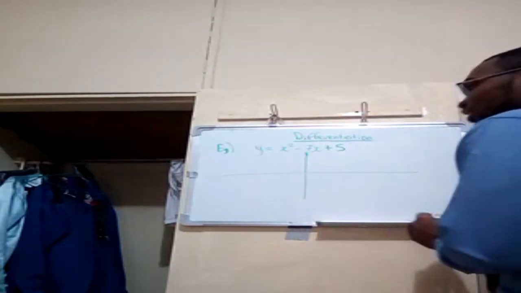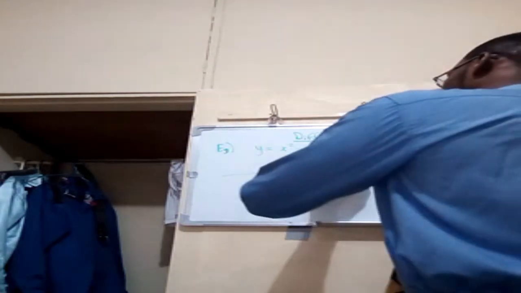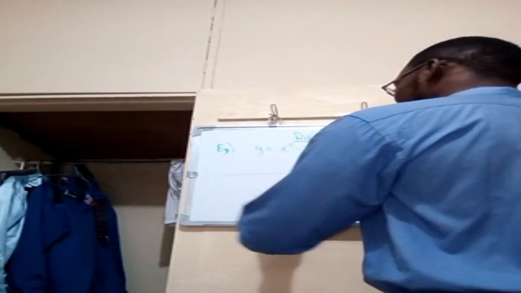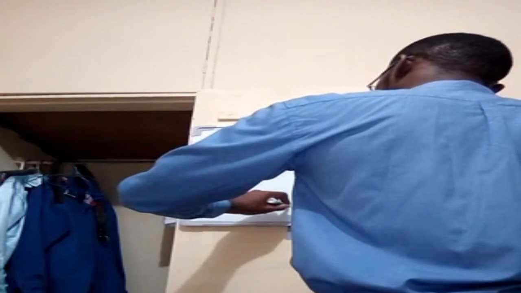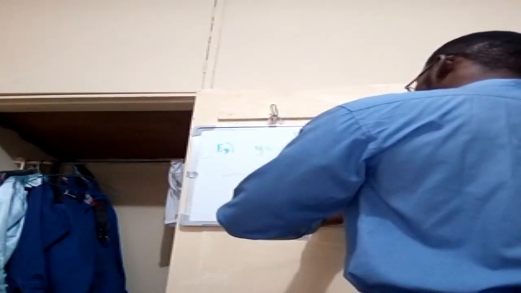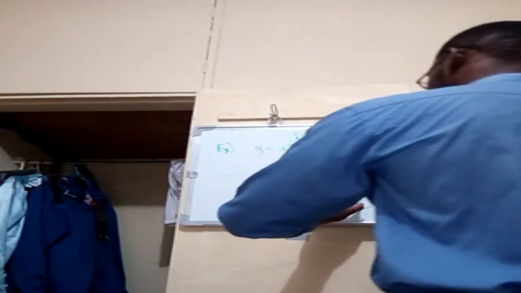We had the turning point, which we said was at an x value of 3.5 and a y value of minus 7 and a quarter. So we'll put it right here. This is the turning point, and the curve goes like this and passes through 5.